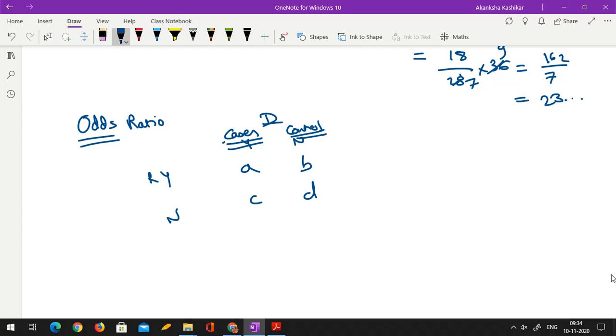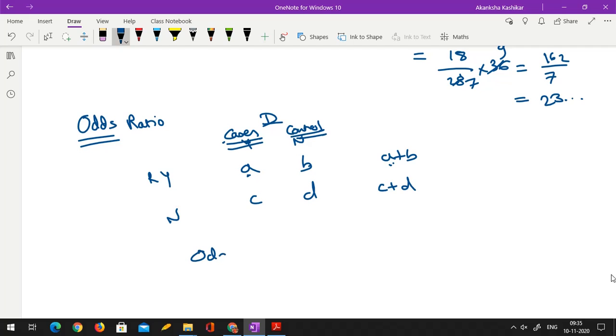That would matter in deciding whether they enter the study or not. Okay. So these are the totals. Now if you have a risk factor, then the probability of you being a case, that is having a disease, was A upon A plus B, and in the control, probability of being a control was B upon A plus B.